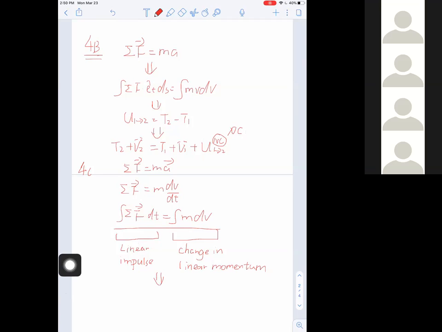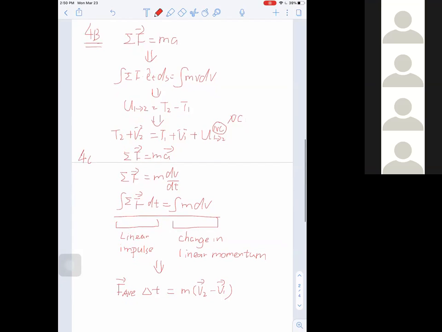If we only care about the average force, then we can write that as the average force times a certain period of time delta t equals m times v2 minus v1. So this is the linear momentum, linear impulse equation.